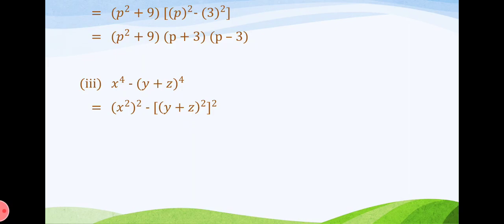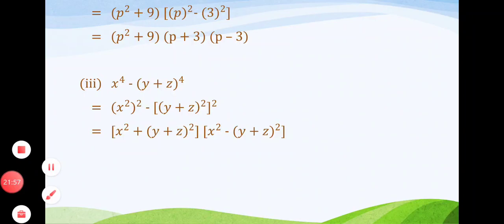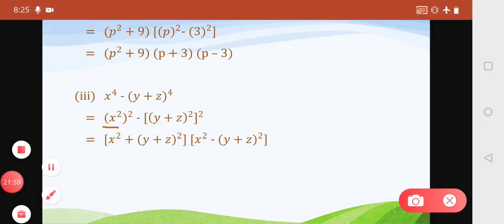Now one time we add both the terms and another time subtract, that is x square plus y plus z whole square. Yes, our first term is made up of one term only, but our second term is made up of two terms, so we have to write both the terms in bracket. So we will get x square plus y plus z whole square. One time we added, another time we will subtract, that is into x square minus y plus z whole square.